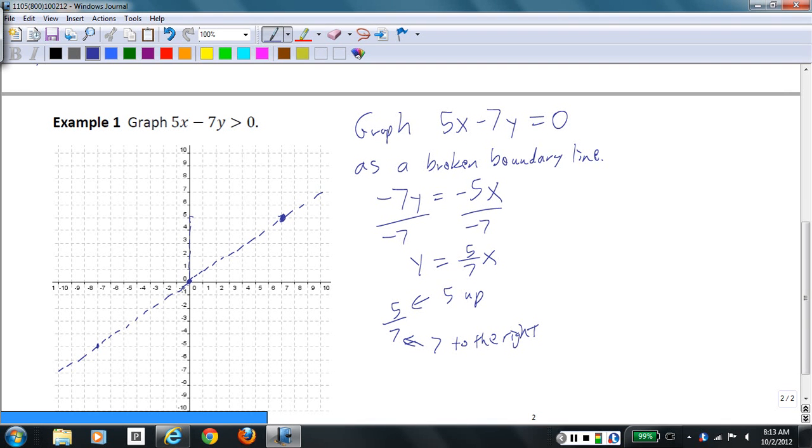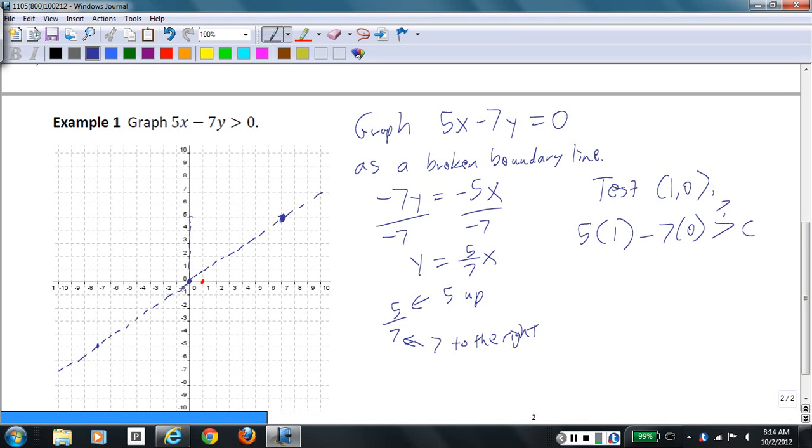1, 0? 1, 0, keep it simple there. 1, 0 is right there. It's a test point, so test 1, 0. It pretty clearly needs to be a point that's not on the line, and choose it so that it's clear which side of the line it's on. It's pretty clear that this point is below and to the right of the line. So let's test it. 5 times 1 minus 7 times 0.